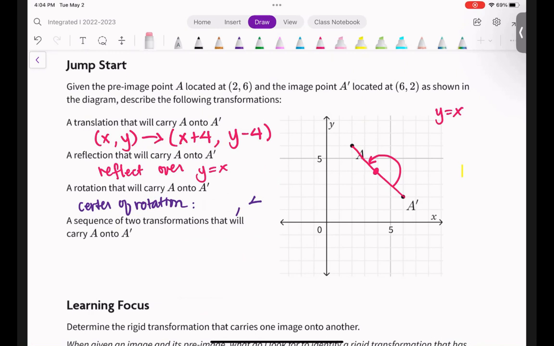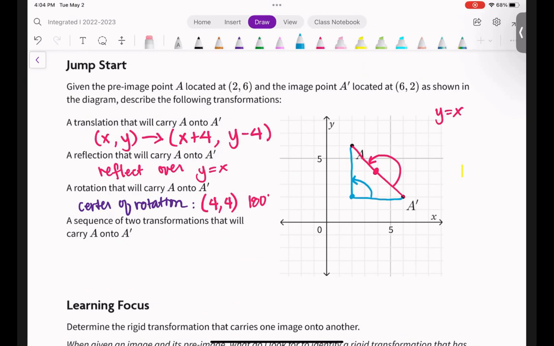So I can do a center of rotation at (4, 4) and 180 degrees. It's probably a neat one. I like that one. Another one that you can possibly do that I just saw is this one right here, because look, it's a 90 degree rotation. You can do that one too.